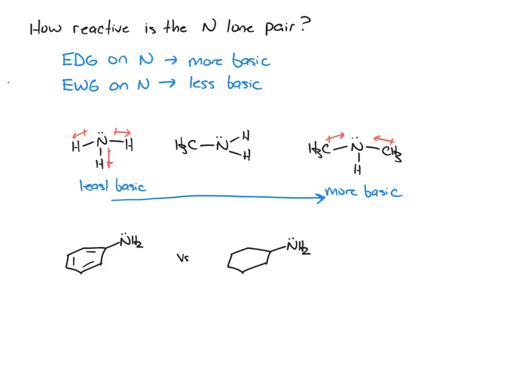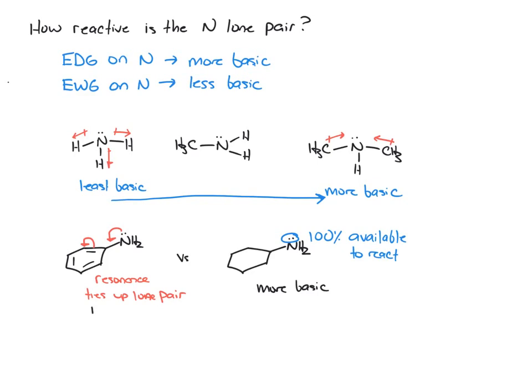Well, in aniline, the lone pair is tied up in resonance. Versus in cyclohexylamine, this lone pair is just sitting there on the nitrogen, 100% available to react. So that means this nitrogen's more basic and the aniline nitrogen is less basic.